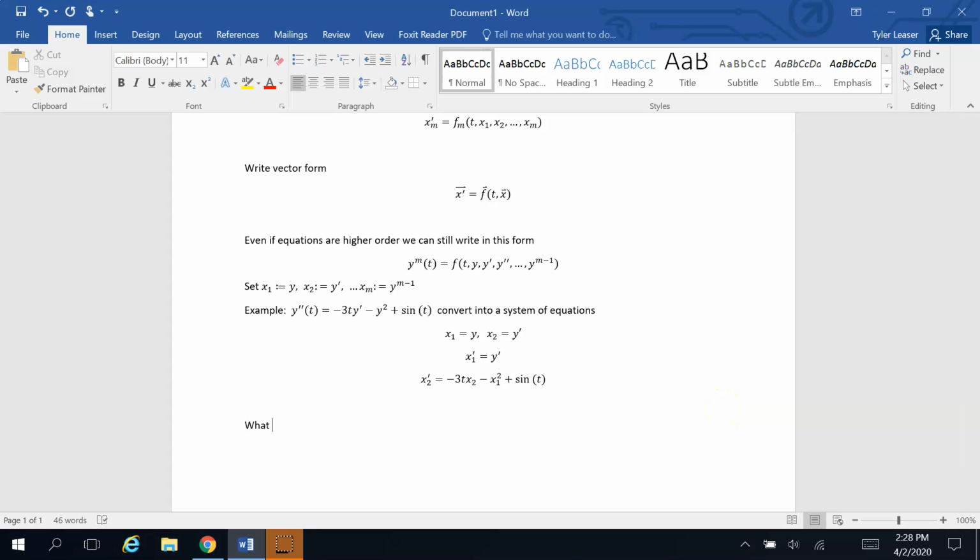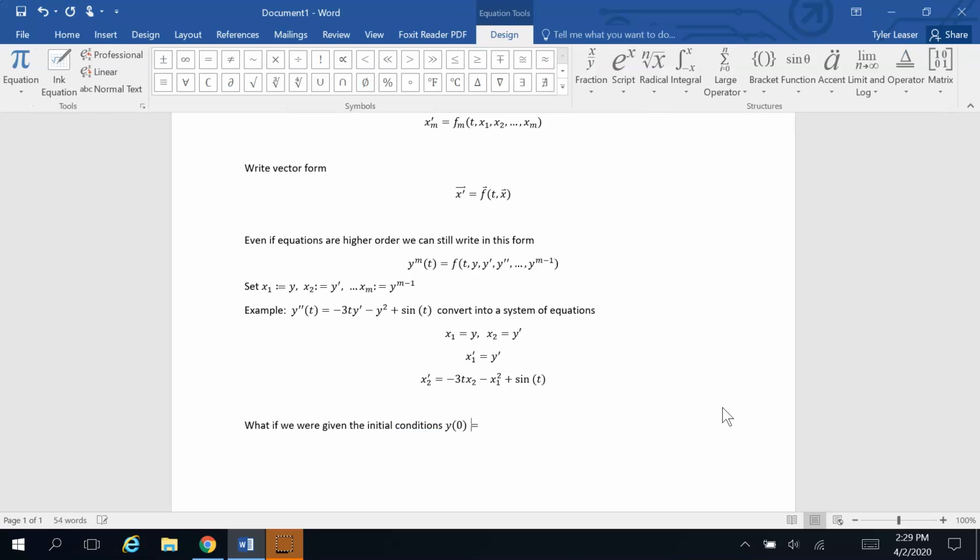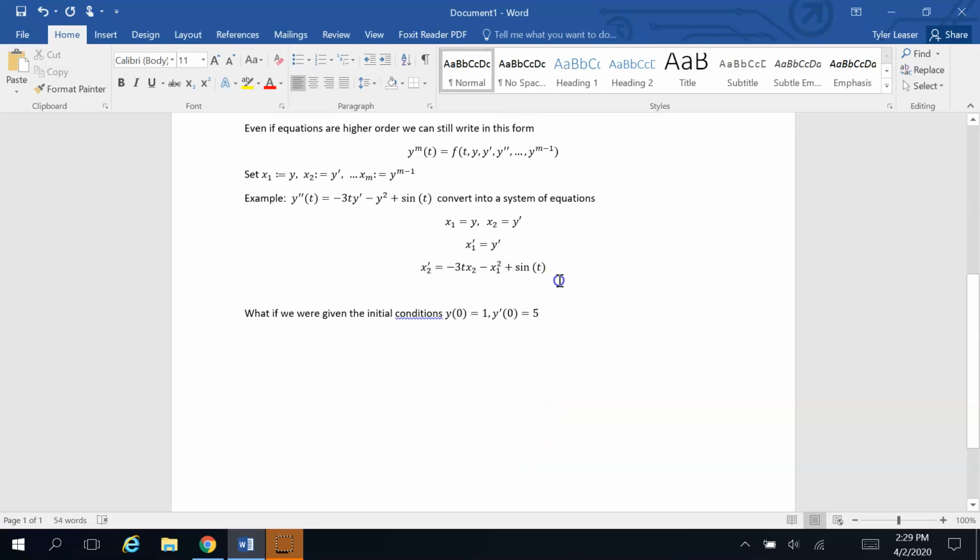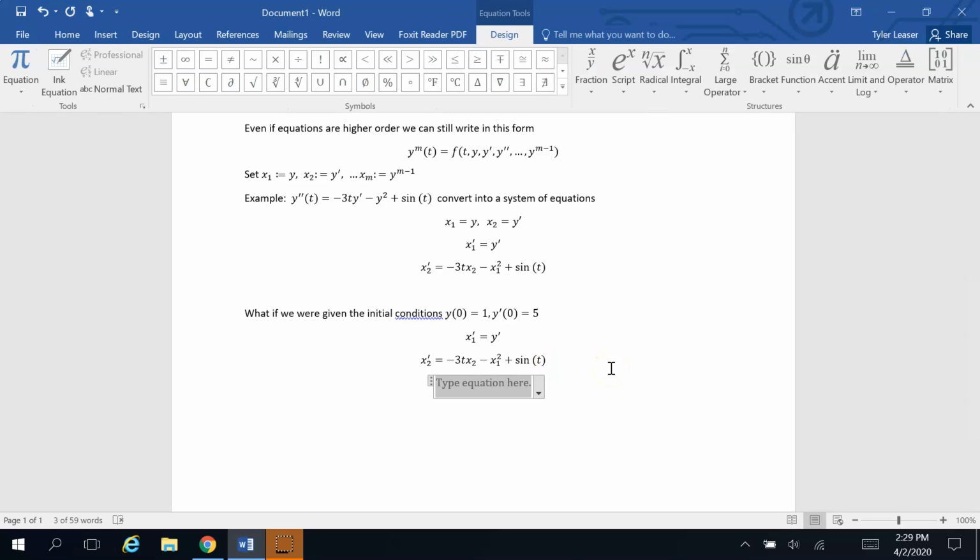We can even add in some initial conditions. So same example as before, but what if we were given the initial conditions, and let's say that these are the initial conditions that we were given. So y of 0 equals 1, y prime of 0 is equal to 5. It's still going to be the same two equations for our system. We would just have to make sure that we write out the initial conditions the right way. So if y of 0 is equal to 1, remember that we've set y to be our function x sub 1.